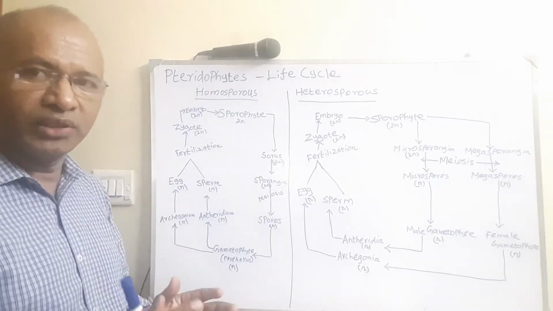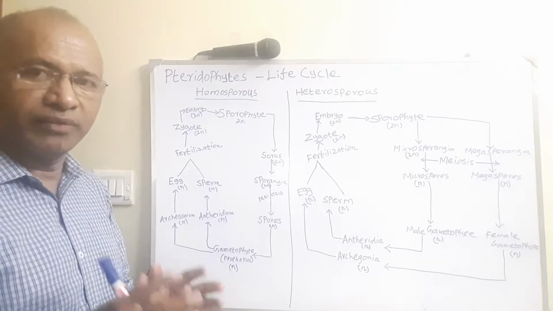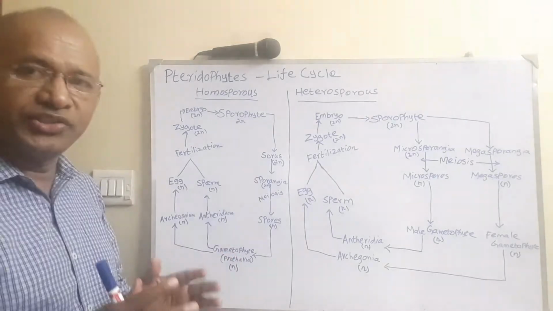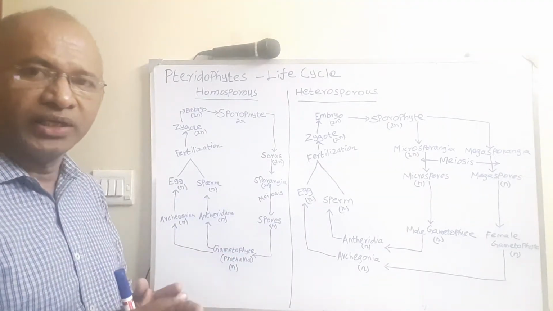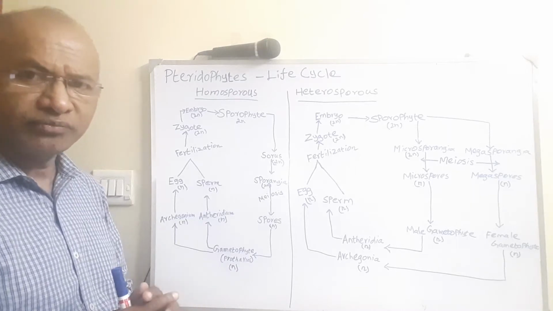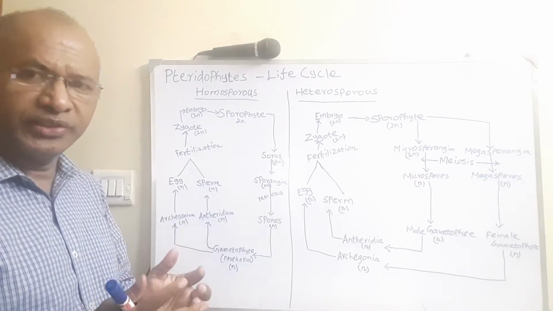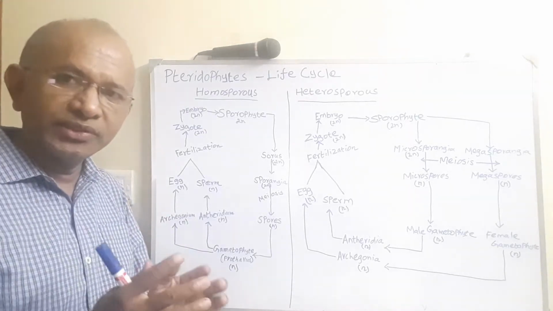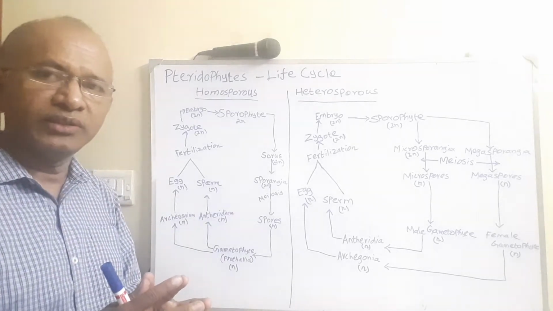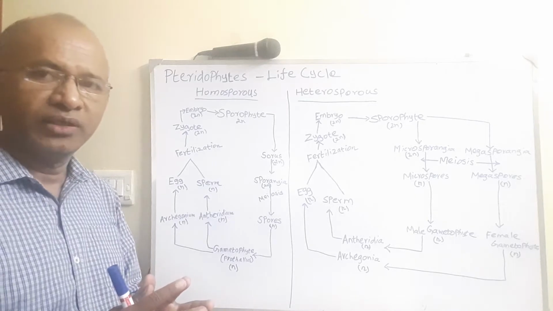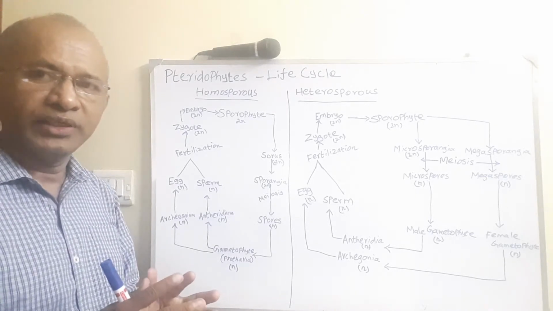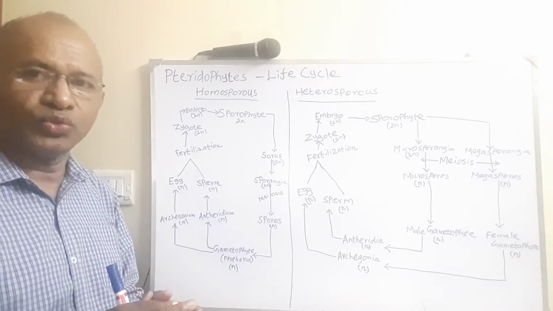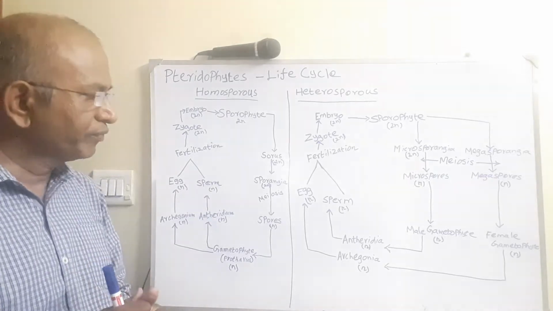Sporangia is the plural term and sporangium, S-P-O-R-A-N-G-I-U-M, is the singular. So all the sporangia are collectively present in a structure that we call a sorus. In plural it is known as sori, S-O-R-I.